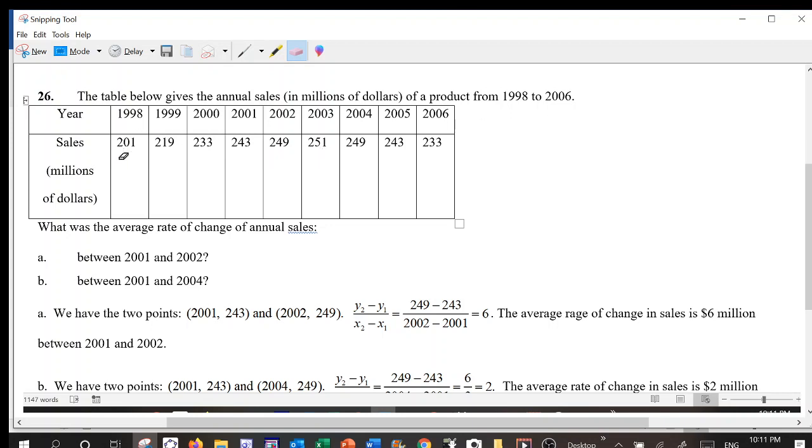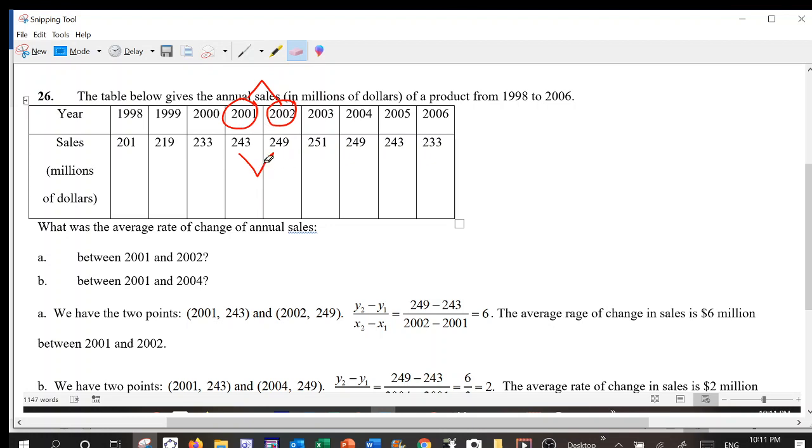So here's the sale in 1998 and so forth. Now, what was the average rate of change of annual sales from 2001 to 2002? So between these two years, how much the sales increased on average, the rate of it. Not how much the sales increased, but how much per year.